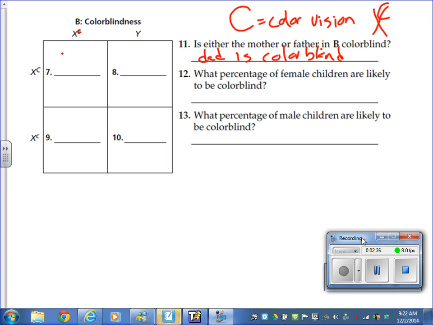And we know that because he has a little c and he only has one X chromosome, so he's going to show the colorblind trait. Okay? And then the mom, is the mom colorblind? What can we say about the mom? Okay, so the mom is a carrier or is heterozygous.